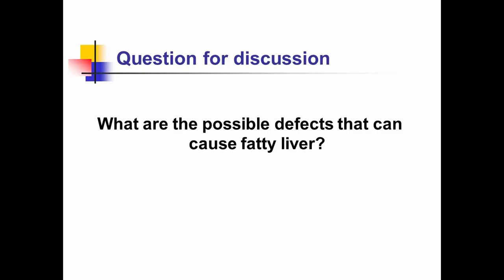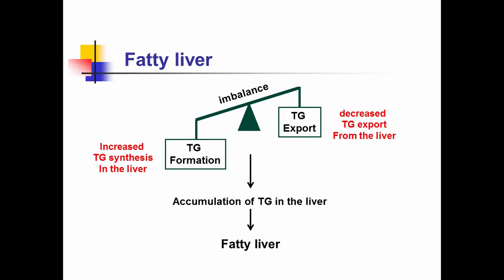One is called non-alcoholic fatty liver, and the other is alcoholic fatty liver, right? So here we're basically talking about the non-alcoholic fatty liver. Yeah, you're right. So either increase the triglyceride synthesis in the liver, or decrease the export of triglyceride from the liver.